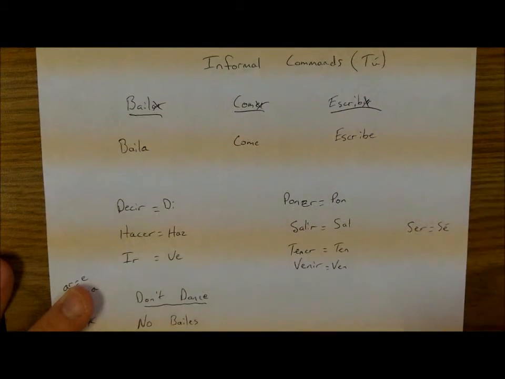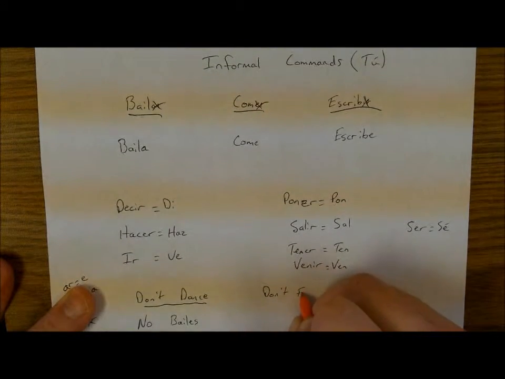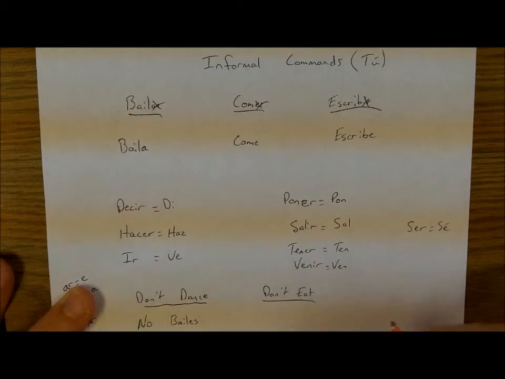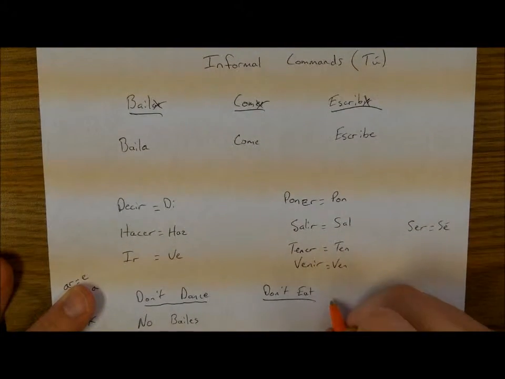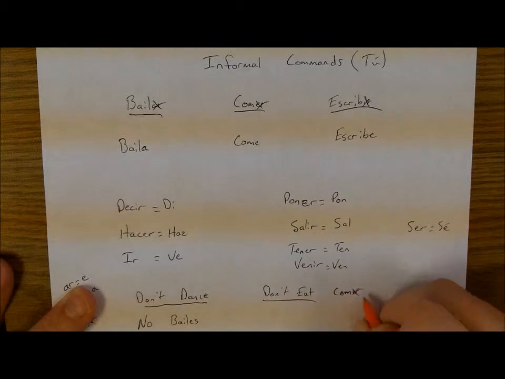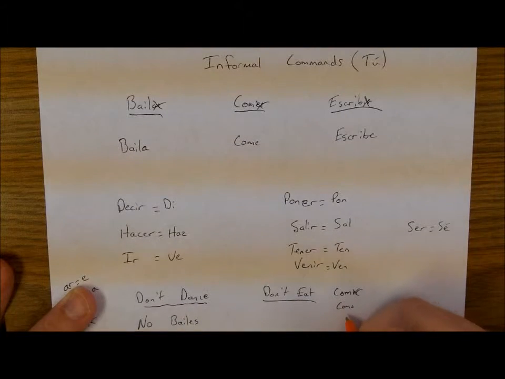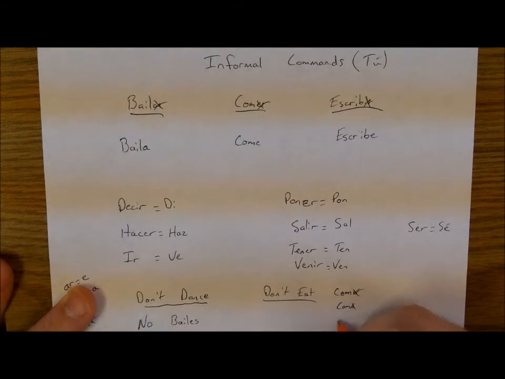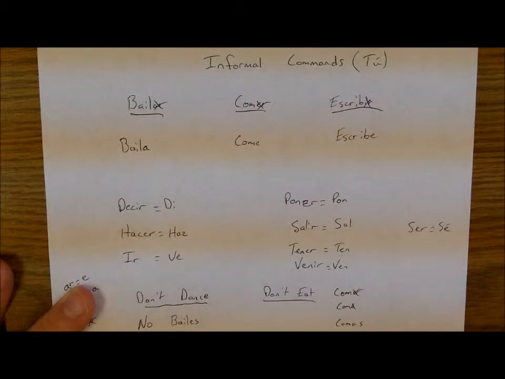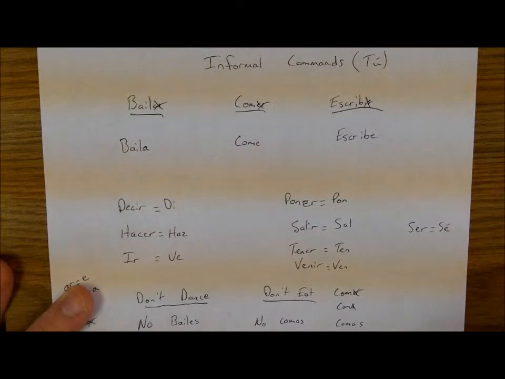We'll do it again with comer. Don't eat. First step, take off the ER and put it in the yo form present. We get como. Take off the O, put it with the opposite ending, add the S: comas, so we get no comas.